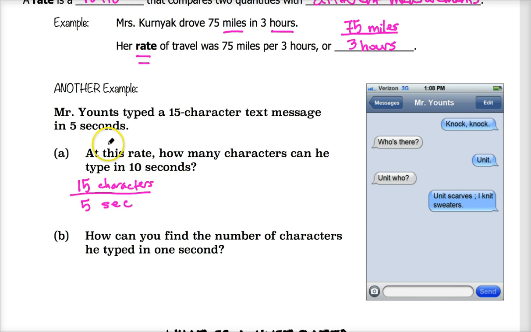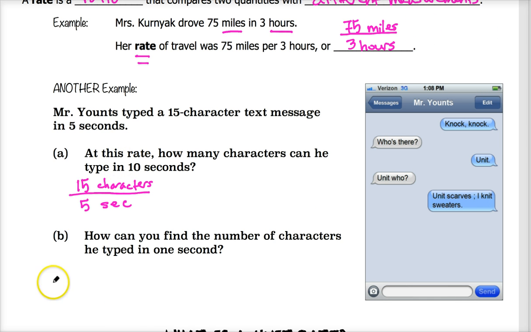Well, remember in the last unit we talked about equivalent fractions, and if I want to make fractions equivalent, then I need to make sure I multiply or divide both the numerator and denominator by the same number. So take this ratio 15 to 5 we have right here.